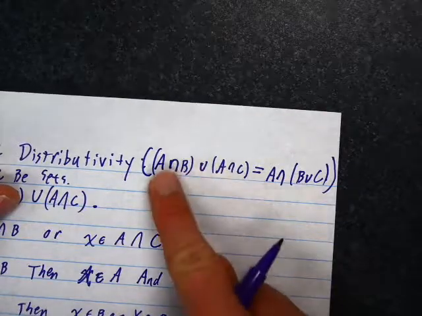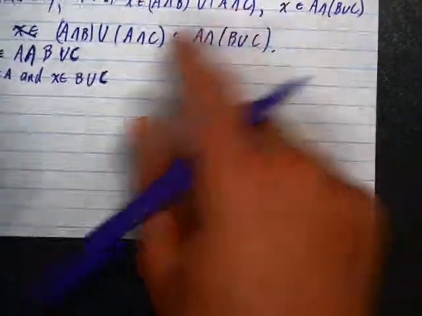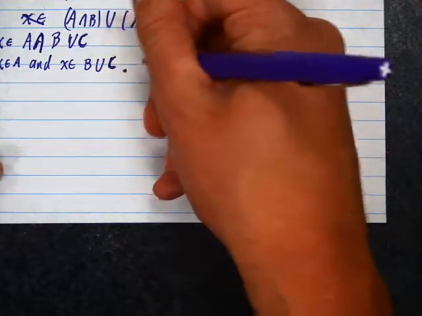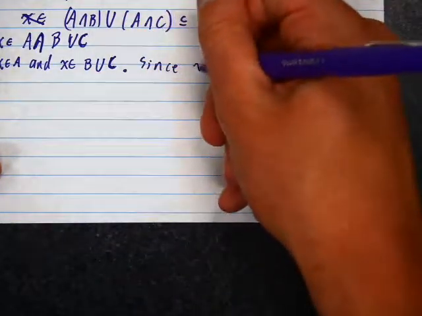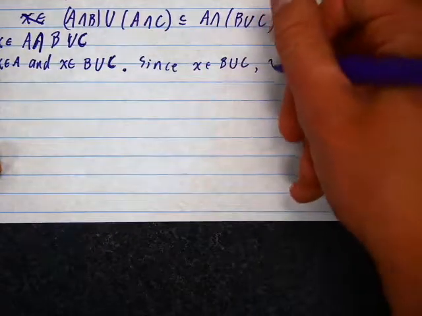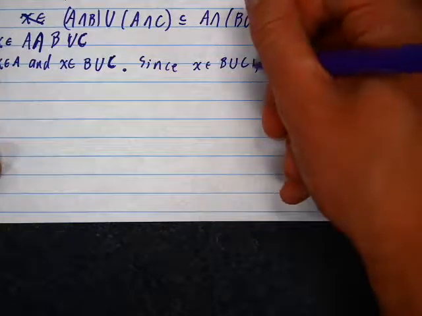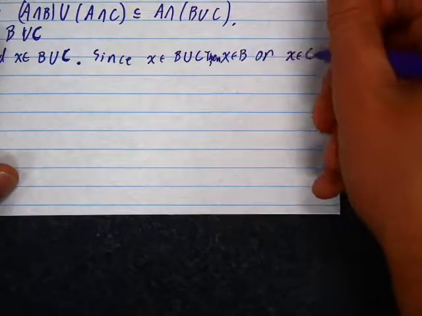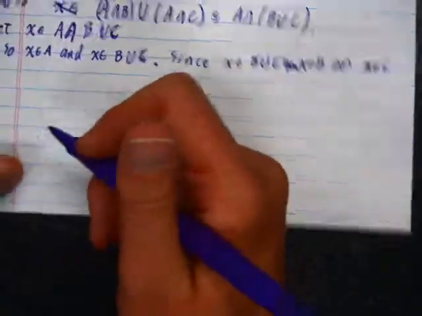union A intersect C. So we want to conclude x is in A intersect B or x is in A intersect C. We already have x is in A. So let's expand this piece out. Since x is in B union C, it follows that x is in B, or x is in C. There's an or statement, so there's a case-by-case thing we could do.